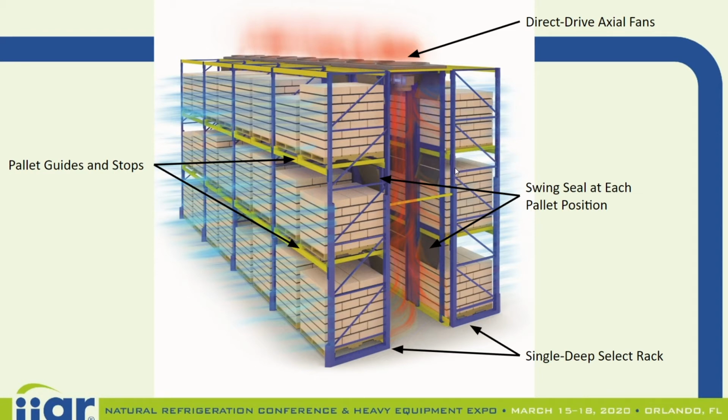And then we have the swing gate at the top of each position, and notice there's an array of pallet heights here. When the pallet is loaded, the top edge of the pallet engages up against the swing gate and pivots the gate.